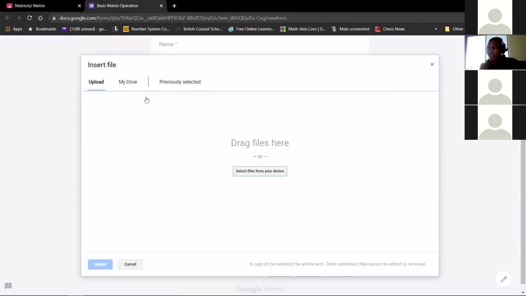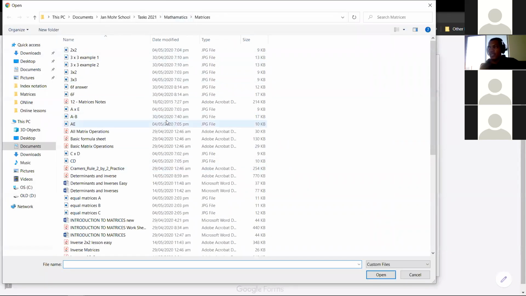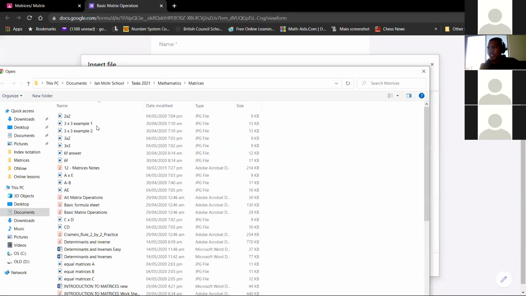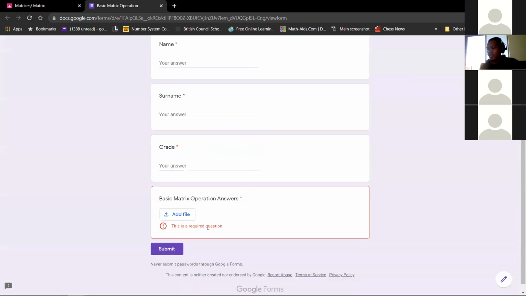So add a file is selecting where you have now saved it on your device, and that's where you will upload your file, either as a picture or PDF or Word document. Or a picture is now if you write on the paper and you snap it and then you upload it, and then it will show you. This will disappear if you have uploaded it correctly. Then you must click on submit over here at the bottom. So submit, then that means it will go through.